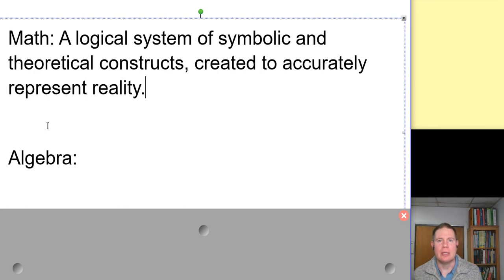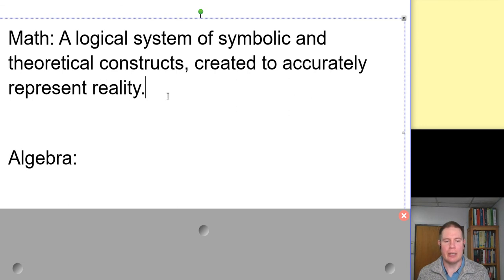Now, there's a long-standing debate about whether math was invented or discovered, and I come down very firmly: math was invented. Math is a system, whether we use symbols or words to describe what's going on, that system was created over hundreds of years, thousands of years, with lots of people participating, and it was created to accurately represent reality, right? There is a sense that it's representing things that really happen.